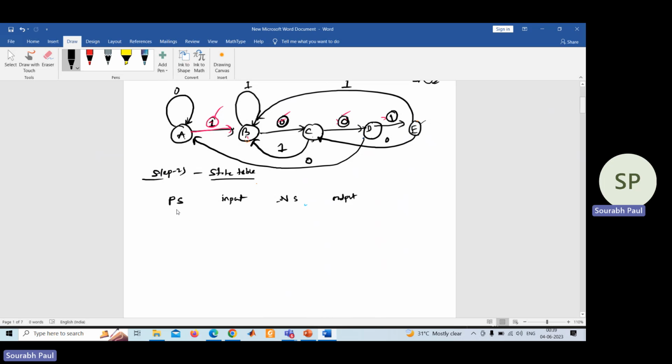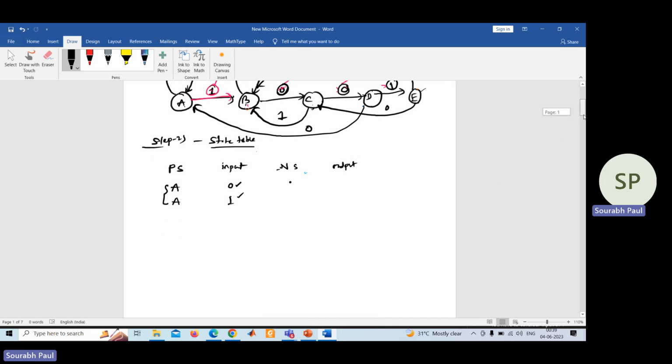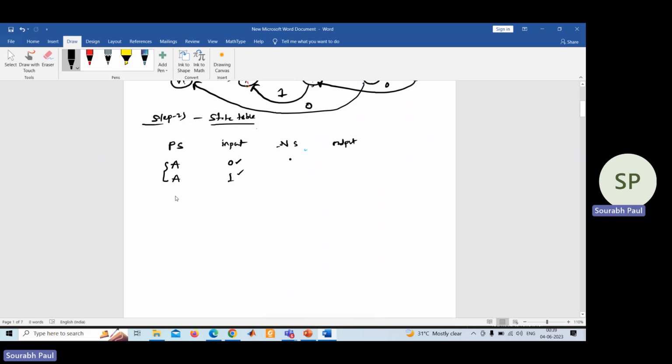Okay. So suppose you have present state of A. Then if the input is 0, you will go to some next state. And if you have the present state of A and a different input, then you will go to the other state. So it means for each of the present states, you have to consider input of 0, and you have to consider input of 1. Same procedure you need to follow for each present state.